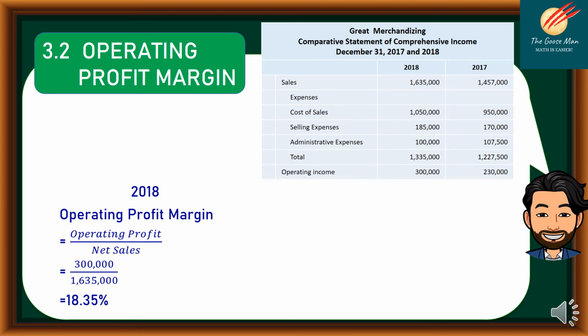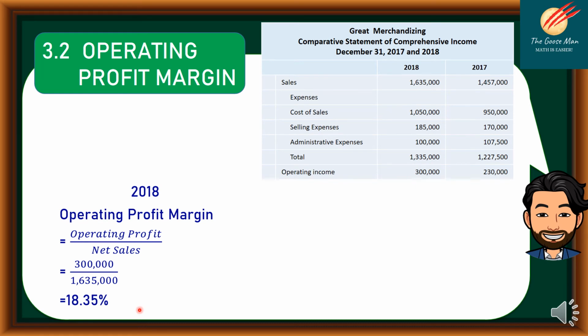So again, this is the table that we will use. So operating profit is equal to 300,000 divided by our sales, which is equal to 1,635,000.